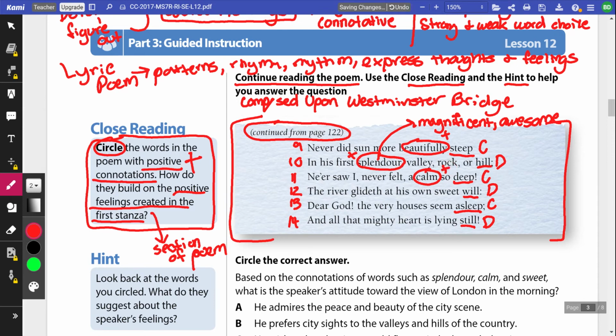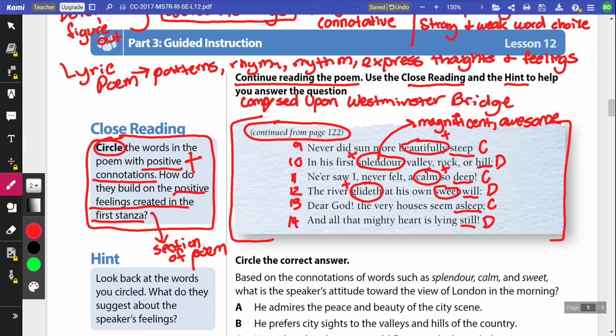In line number 12, I circled two things. I circled glideth and then I circled sweet. So if something is gliding, it's kind of smooth, right? Whenever I hear the word gliding, I think about a swan gliding over a smooth pond, like the smooth surface of the water, and that definitely has some positive imagery behind it.